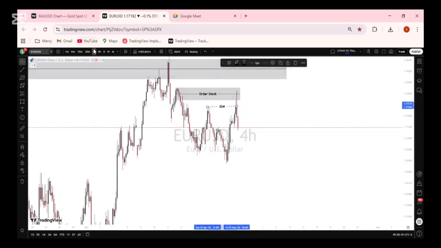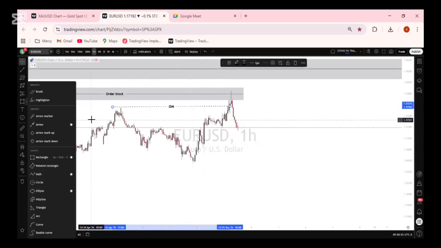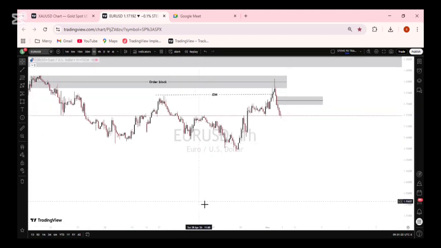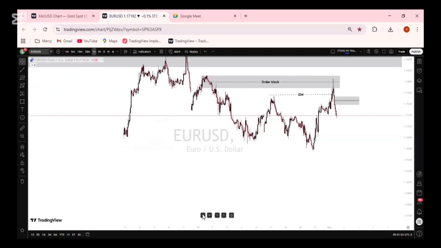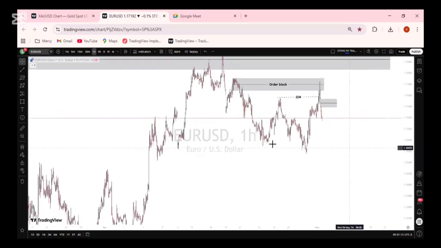So if you go down to our 1 hour time frame for entry, we can see that we are having a fair value gap around this zone. So this becomes our point of interest on Euro USD. We can see that we have imbalance below that market hasn't filled.